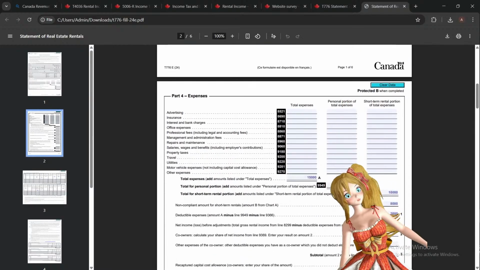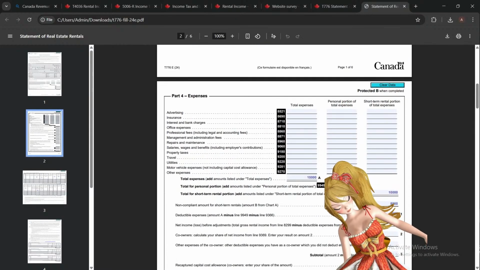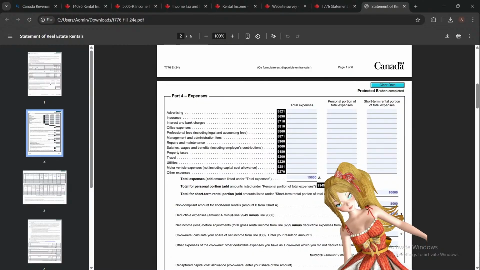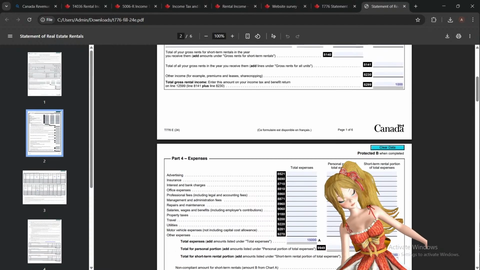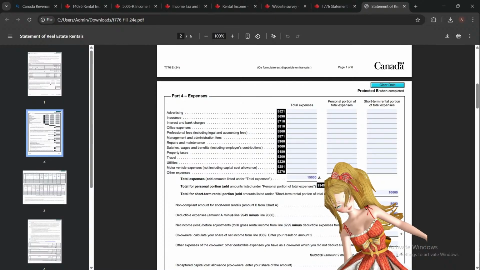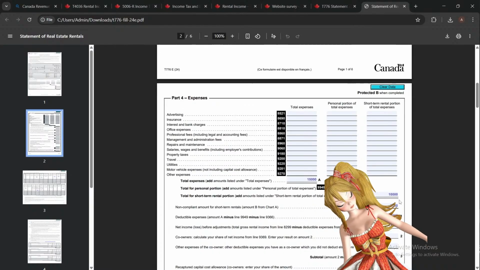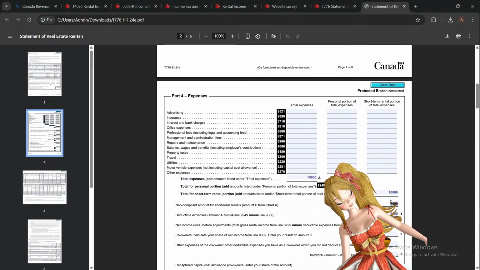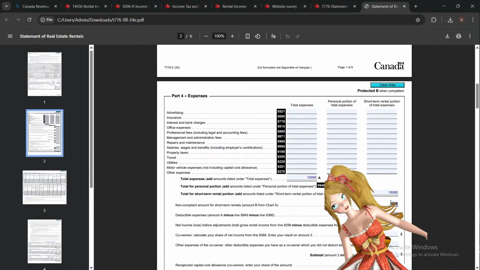The net income is what I earned minus 2,000. So they don't pay $8,000 of the rent. They basically increase me for $8,000.